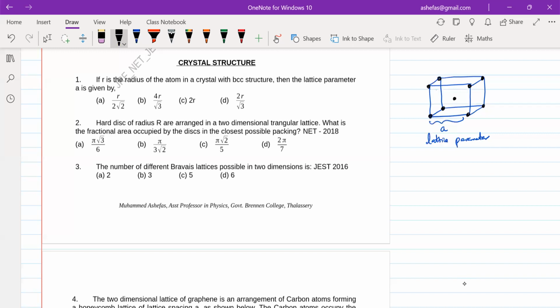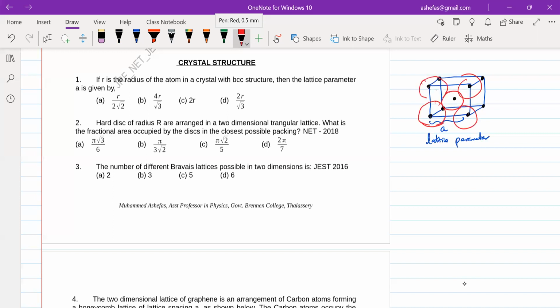Okay. Now we have to connect the lattice parameter and the radius of the atom. So you have to view it three-dimensionally. If you draw the atom at the location of all these dots, this would be the figure.